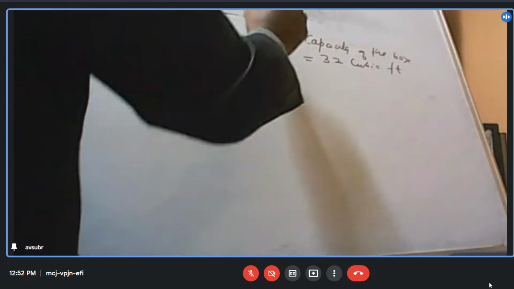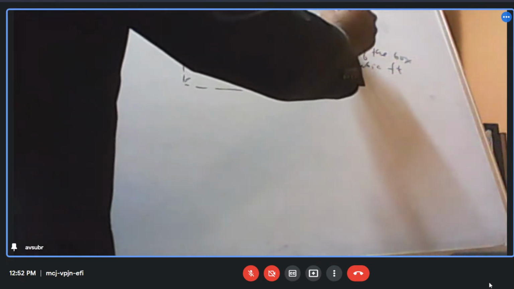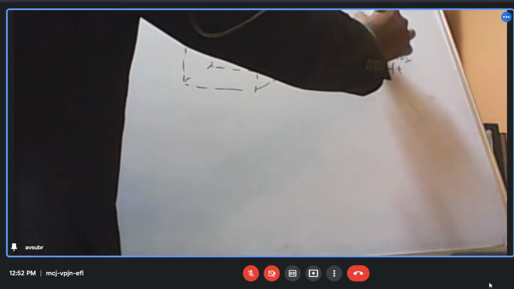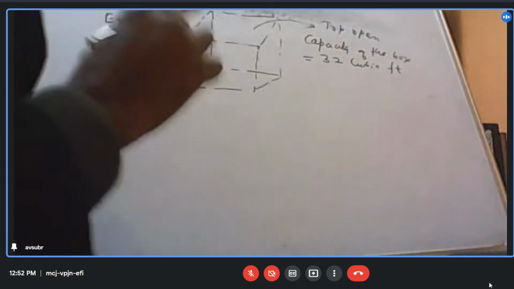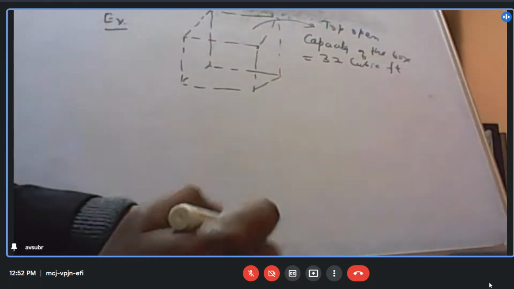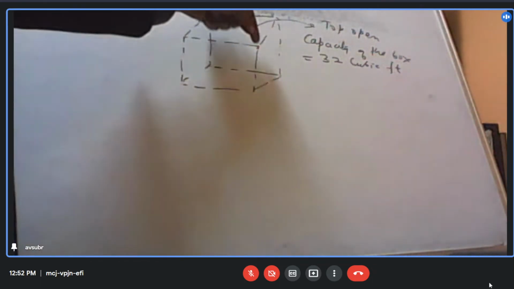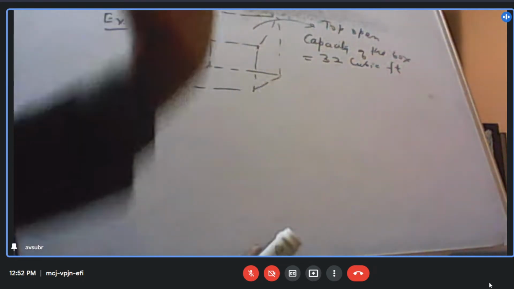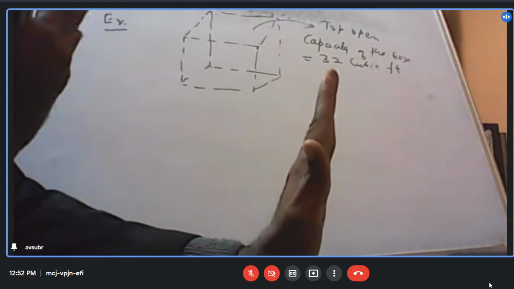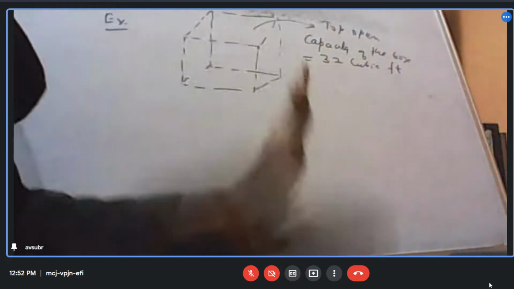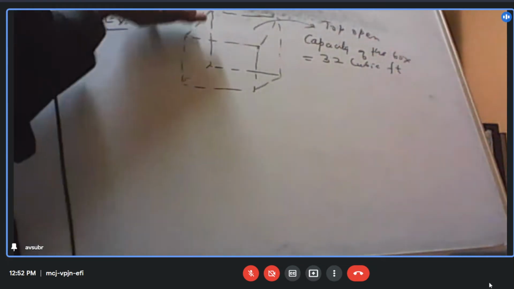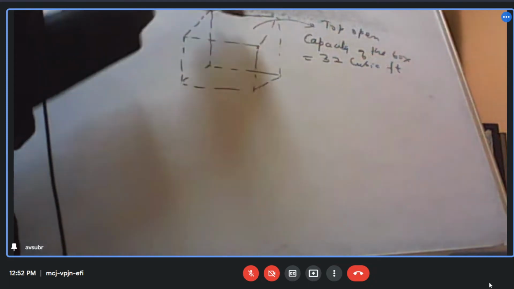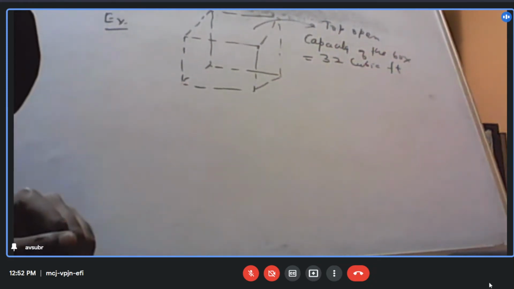But one thing is there, that in this box, the top is open. So you have a box, say a carton, and you remove the top portion. So you have five sides: one, two, three, four, and this. These five are there, and this one is cut open.